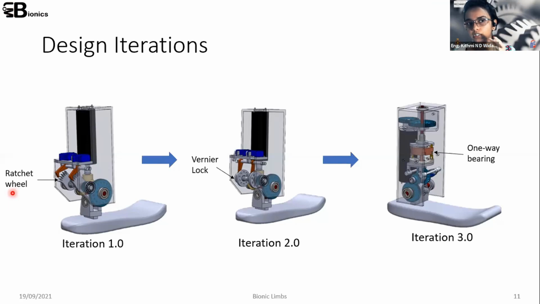But we thought that it might be problematic, and then after some time, after some evaluations on our designs, we came up with the design that I showed you. The design was using a one-way bearing, and that locking mechanism was a fully mechanical system. So that was the turning moment in our project, and after that we could design and develop this device.